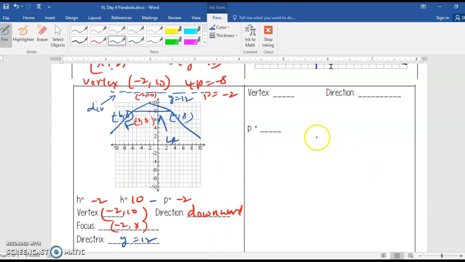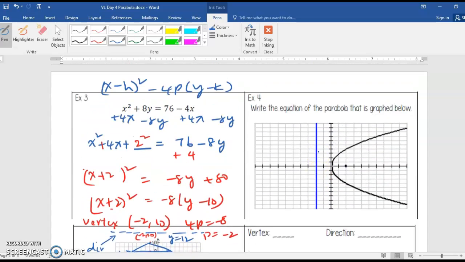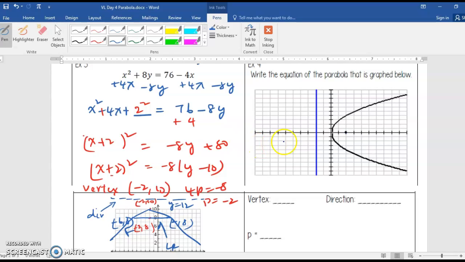Alright, so you can easily decipher information from the last example here. The vertex is, you can pause the video and check your answers after. Direction is right. The focus is obviously at 2, 0, meaning the focal distance is 2. The directrix is on the left side of the vertex, so x is equal to negative 2 is the directrix.